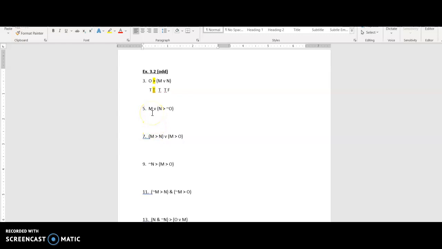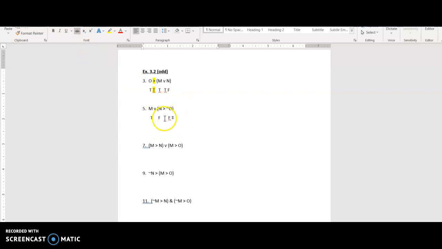All right, number 5. M is true, and again, these values are given at the top of the assignment. M is true. O is true, which means if we negate O, we get a false sentence, right? So I like to then cross off or eliminate these since it can get confusing to look.